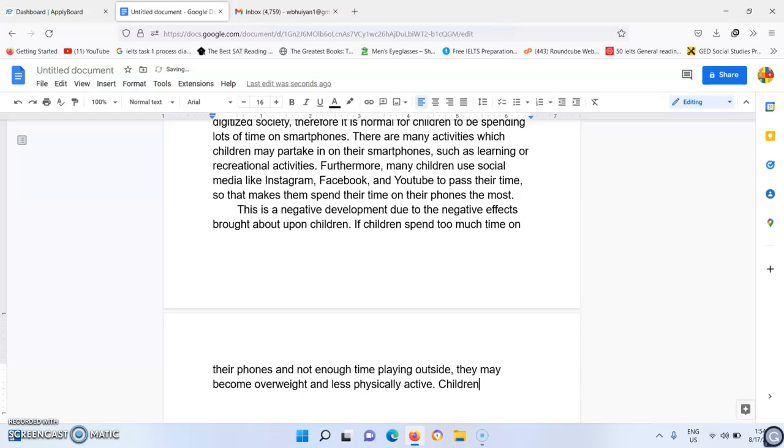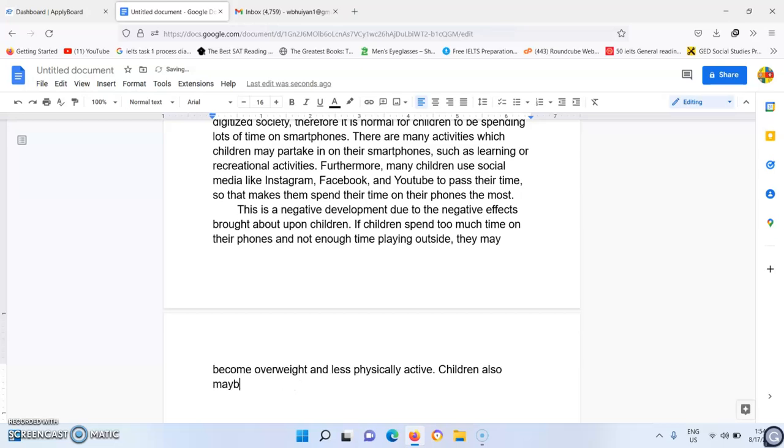Children also may become addicted to watching videos or making them as a form of recreation, therefore making them even more dependent on their phones.